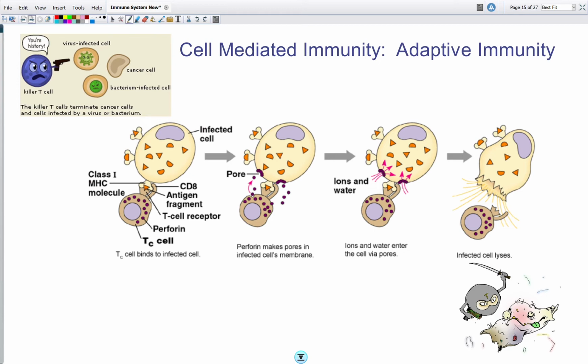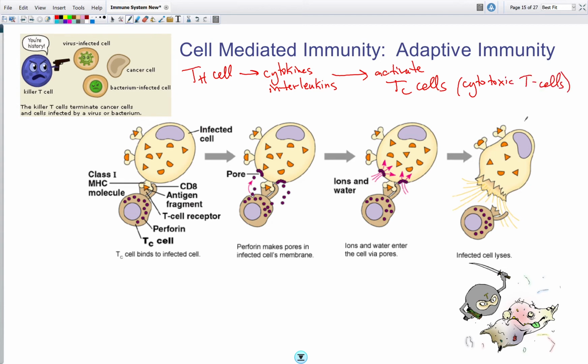So what happens next? Well, the T helper cell releases a whole bunch of cytokines, these little proteins called interleukins. And what they do is those proteins activate the T cytotoxic cells. In other words, the killer T cells called cytotoxics.